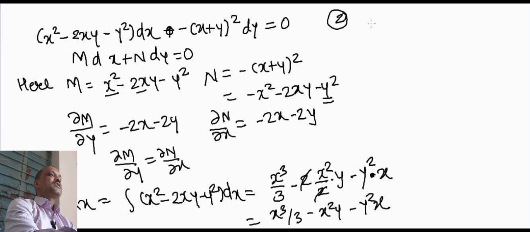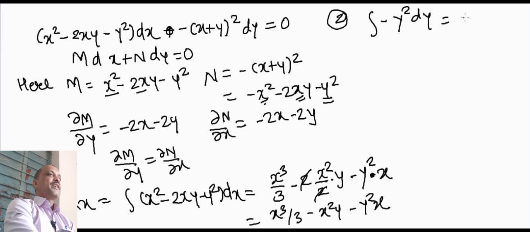Now, in the second step we have to integrate those terms from N that do not contain x. Here you can see that this term contains x, this term contains x. So, leave these terms and integrate those terms that do not contain x, that is minus y square into dy. This will be minus y cube divided by 3.